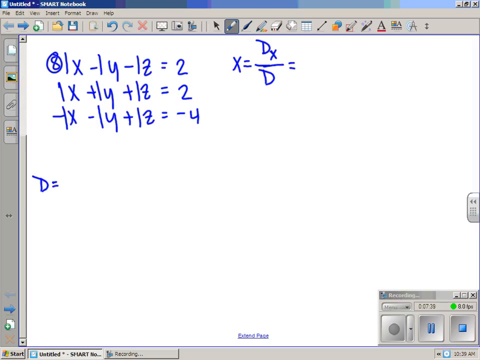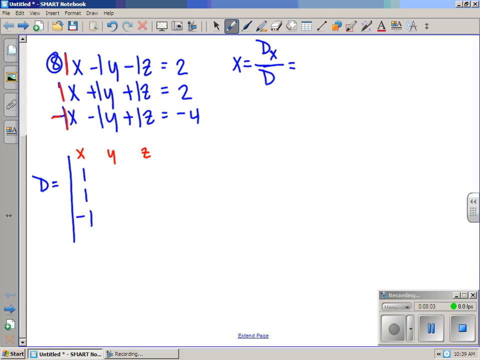To find D, the determinant, the first column represents your x, second column represents your y, third column represents your z. So in the x column, we're going to have 1, 1, negative 1. You get those values from the given equations.